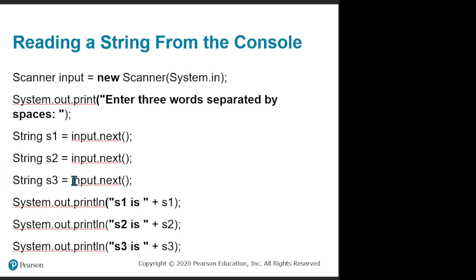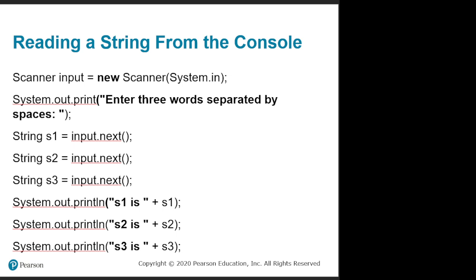And so we can have next, which splits on white space, and nextLine, which does everything based off of the enter. So if you want to enter a phrase or a sentence, you'd use nextLine. If you want to have everything separated by spaces, you use next, and scanner will look for the first blank space and turn it into different strings.